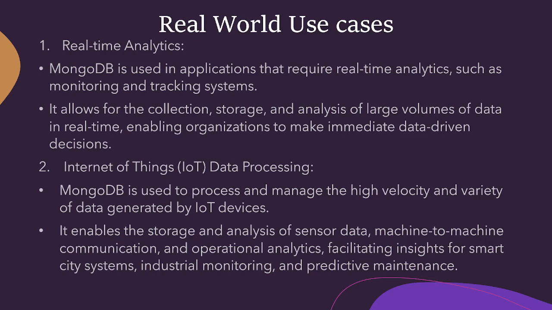So what are some of the real world use cases where MongoDB is used? One is real-time analytics. MongoDB is used in applications that require real-time analytics, such as monitoring and tracking systems. It allows for the collection, storage, and analysis of large volumes of data in real time, enabling organizations to make immediate data-driven decisions.